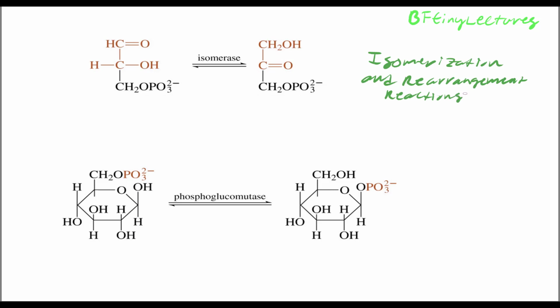Well, without using big words, isomerization is when you have the same formula. Okay, let's just make up something. Let's just say kind of like this, right? Okay, so that's CH3, CH2, CH2, CH3. Isomerization is when you just make a different compound using the same amount of carbons and hydrogens or whatever you have, right?